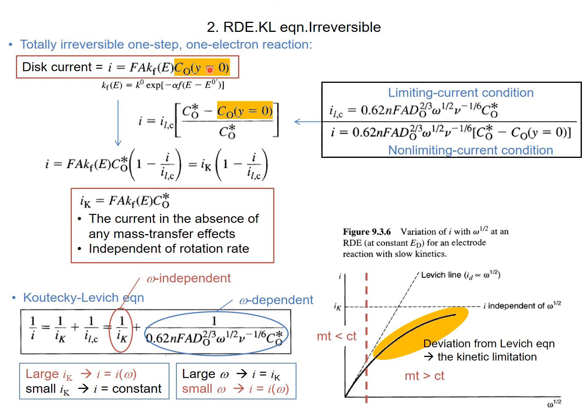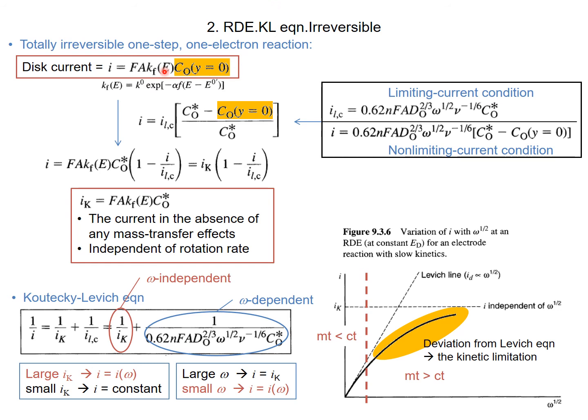In this case, the oxidized species is the reactant. The forward rate constant can be described by the standard rate constant with an exponential function of minus alpha f times the potential gap from the formal potential. You can find this expression from the Butler-Volmer equations. Anyway, the current can be described by this mass action law.